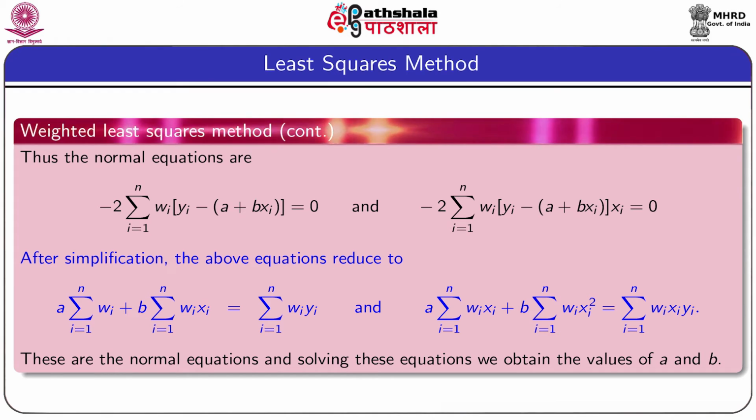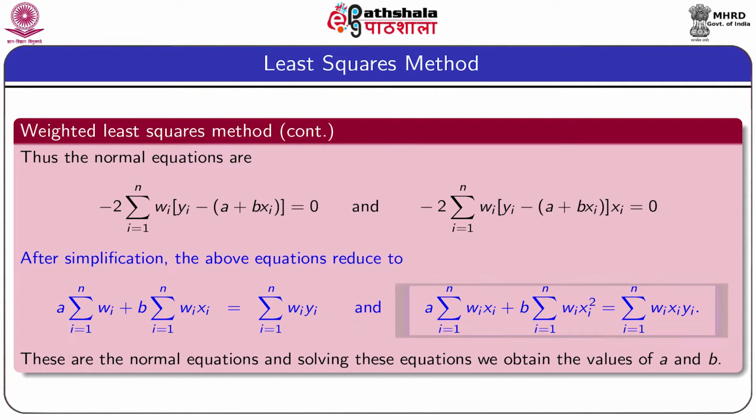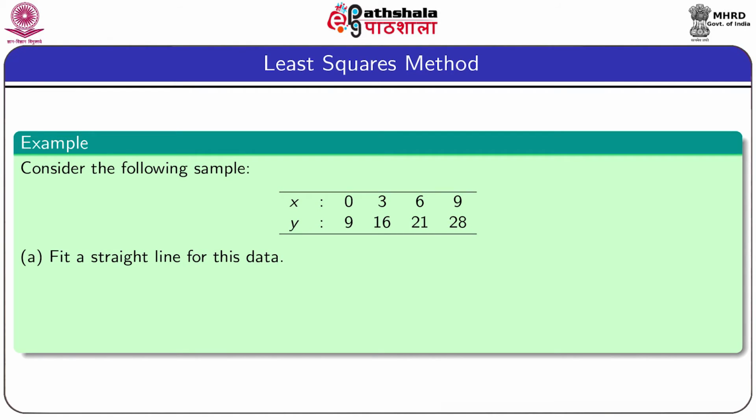After simplification, these equations reduce to a into summation wi plus b into summation wi xi equal to summation wi yi, and the second equation is a into summation wi xi plus b into summation wi xi square equal to summation wi xi into yi. So these are the normal equations, and solving them we can find the values of a and b, which are the unknown parameters. Now we consider the following example to illustrate the weighted least squares method to fit a straight line.